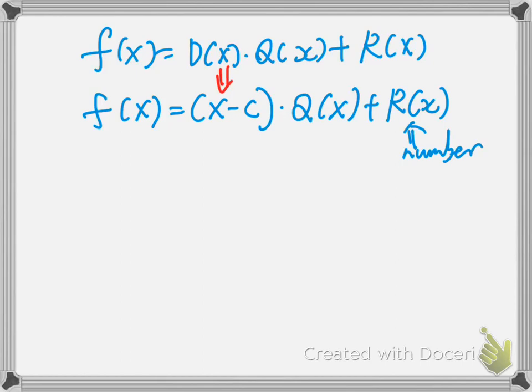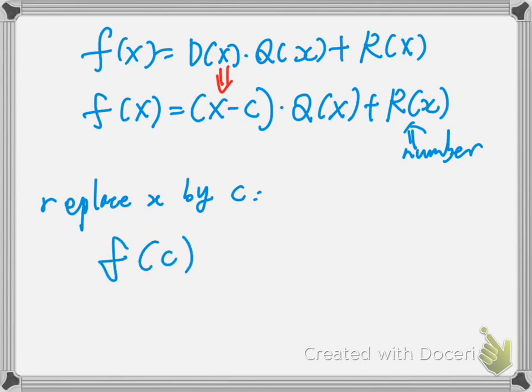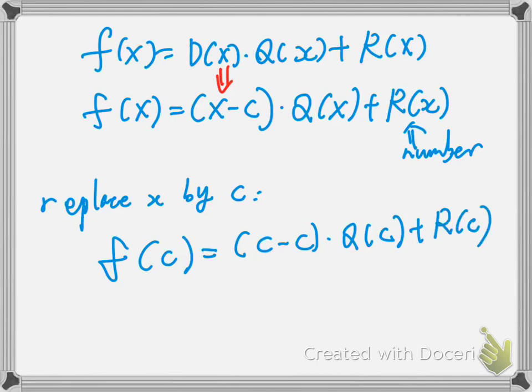So what's the property? If you replace x by the number c, we get f(c) is (c minus c) times q(c) plus r(c).